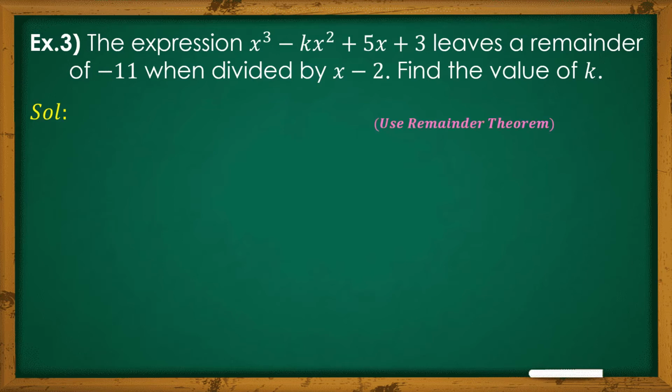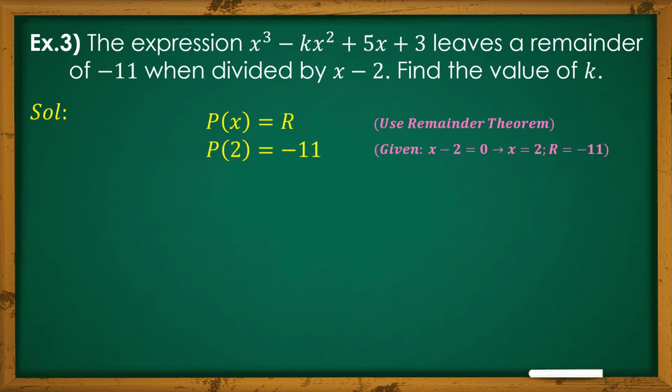Let's see the solution. Our remainder theorem ay nagsasabi sa atin that p of x is equal to r. Ibig sabihin, ang value ng x sa divisor ay magbibigay sa atin ng value ng remainder. In this case, meron tayong given value ng x at given value ng remainder. X is 2, remainder is negative 11.